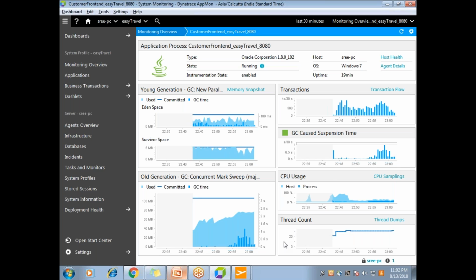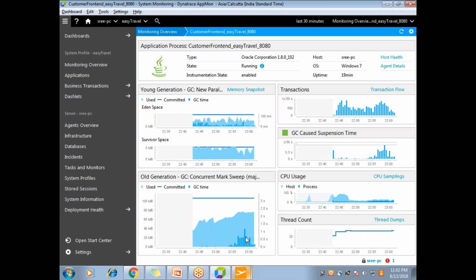Okay, and I'm trying to relate it over here. As you can see, this happened between 22:55 and 23. During this 23, you see the GC time is more as well. So a major GC has happened around that time.